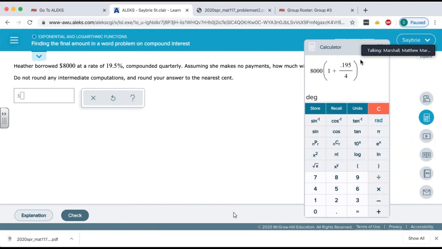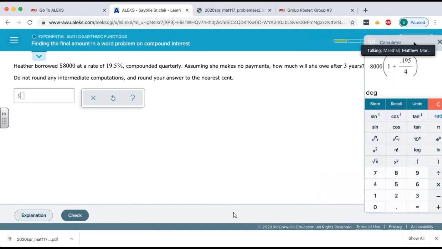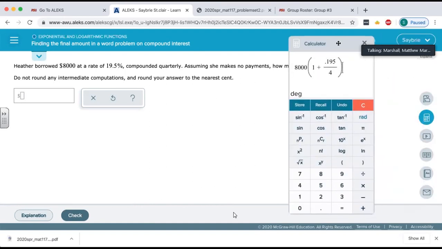And then that would be raised to the 4 times how many years in this one did it say? So 4 times 3, so the 12th power. Hopefully you're seeing where I got that 12. You want to use that x to the y, but oh, there you go. You got it. That's it.